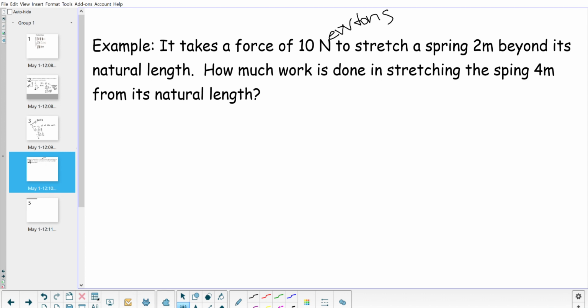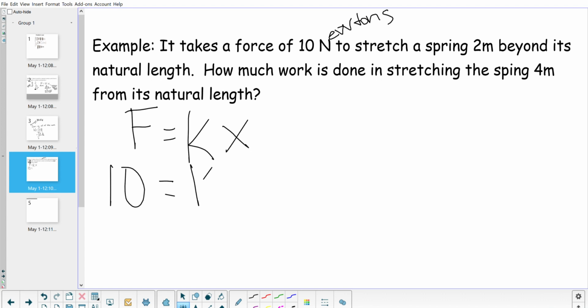So we know that force is k times x. And they just told us it takes a force of 10 newtons to stretch a spring 2 meters beyond its natural length. That's the x.